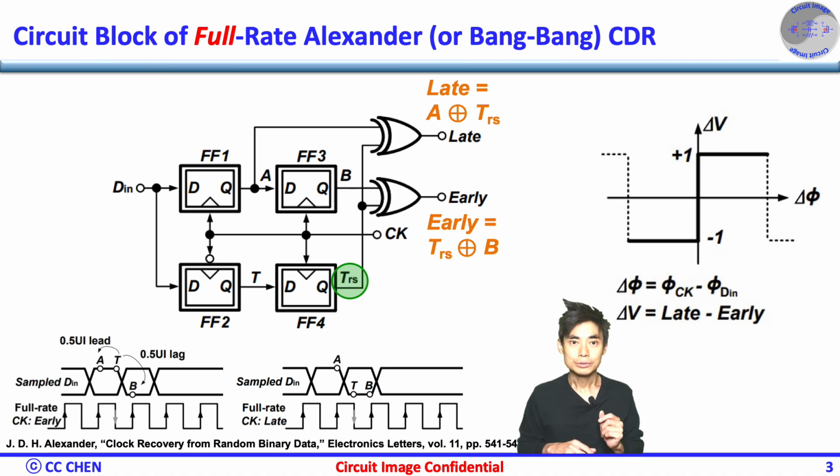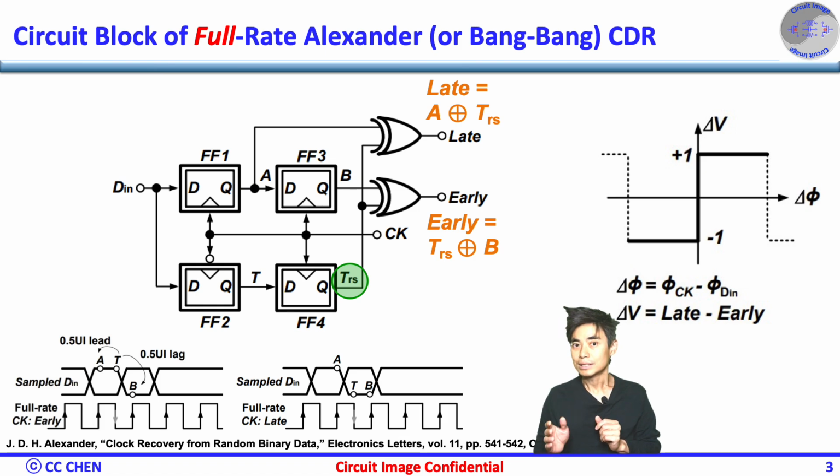The FF2 must sample the Din by the falling edge of the clock, but the output transition sample T must be resampled by the rising edge of the clock to align with the data samples A and B. Resampled transition data through the FF4 is called TRS.